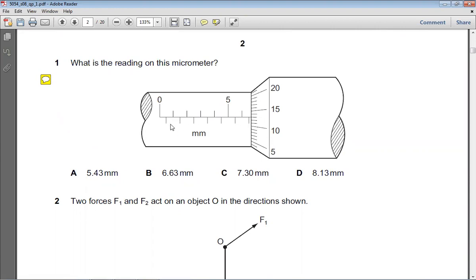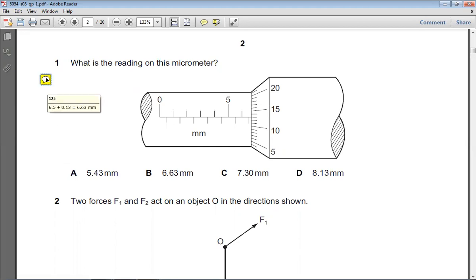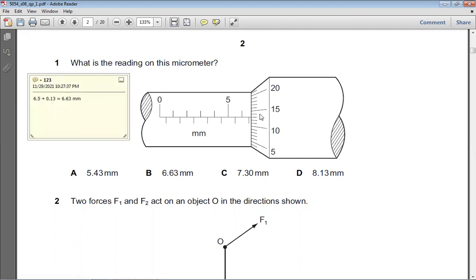So this is the horizontal scale, and you can see how much this circular scale has moved on the horizontal scale. This is 1, 2, 3, 4, 5, 6, and this is 6.5. So it has moved 6.5. In your rough work, you will note down 6.5, and then you will note down which line on the circular scale coincides with the horizontal scale.